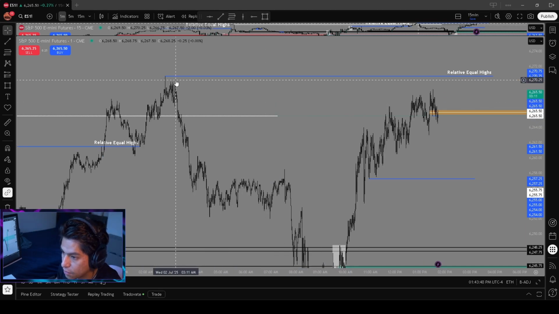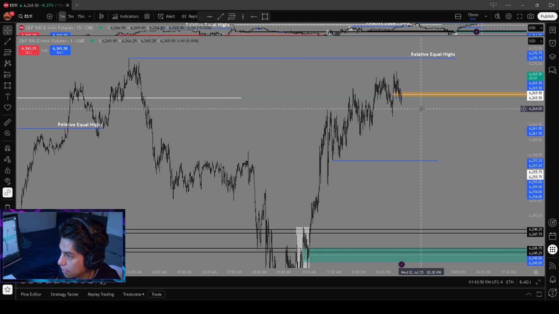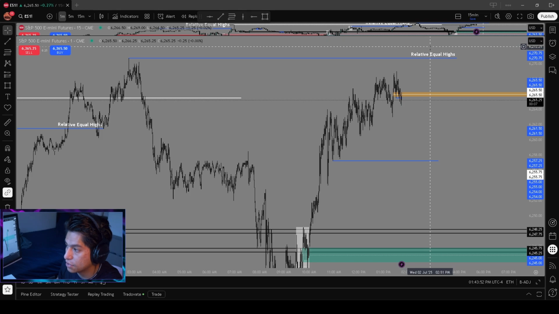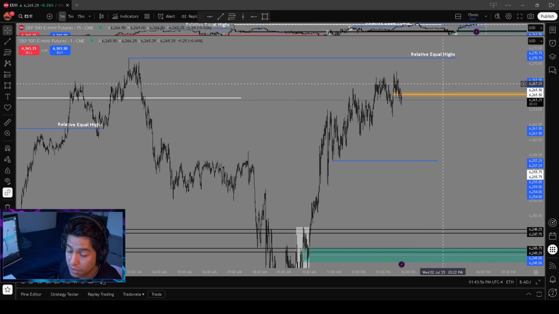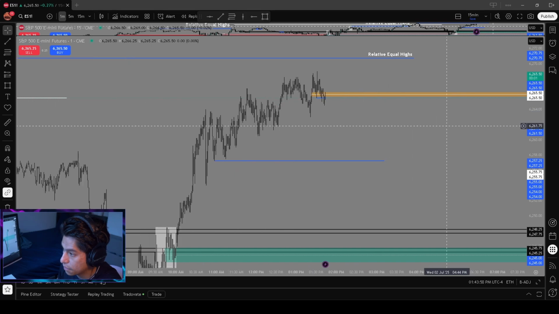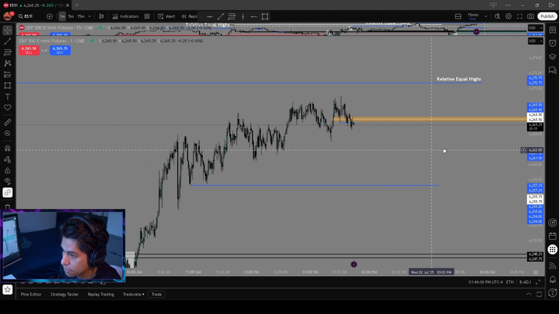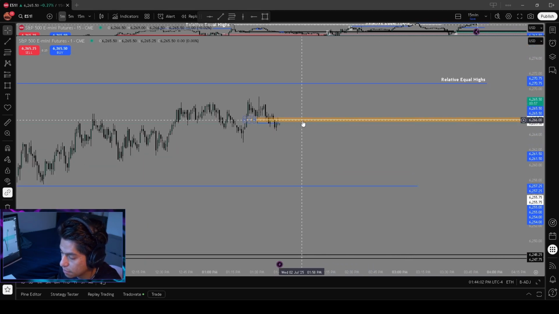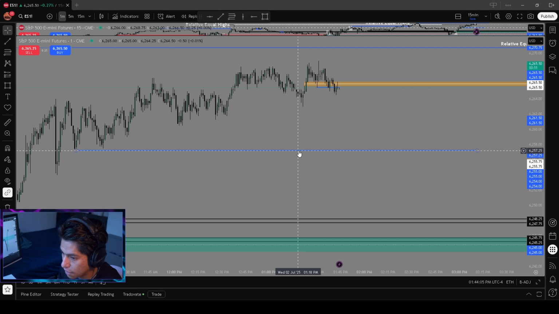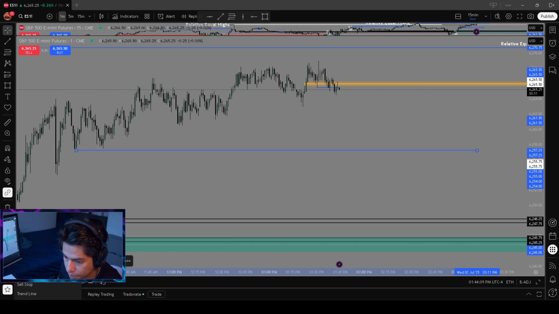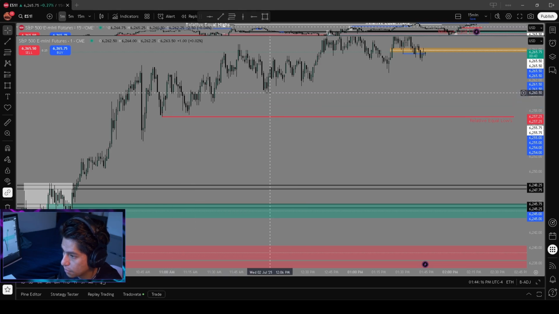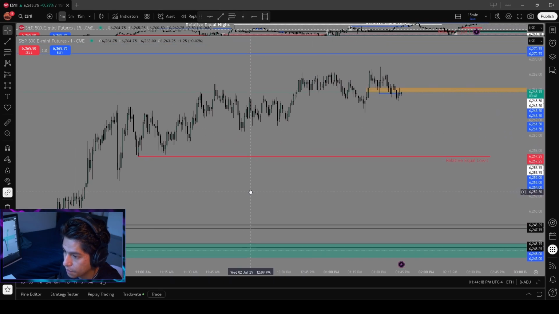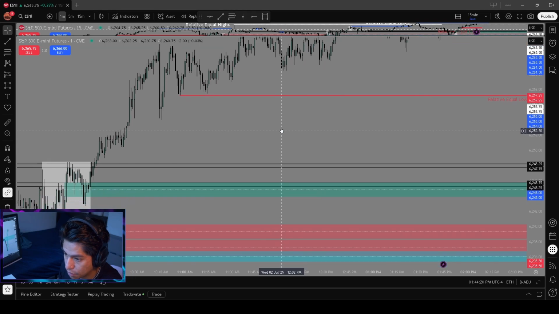We do have relative equal highs here, so I also do want to keep that in mind, just be aware that it can go up here. So we want to see confirmation that this is being respected. We do have relative equal lows right here. I'll change that. We have this low and this low very close to each other. We also have this, but ultimately I want to see this break.